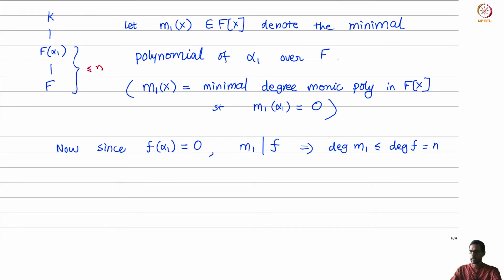Okay, now let's see where we are. Where does this leave us? We have at least gotten one of the roots in play, F(alpha 1) over F, but when I construct this extension F(alpha 1), many of the other roots, alpha 2, alpha 3, some number of the other roots, may already be part of this extension.